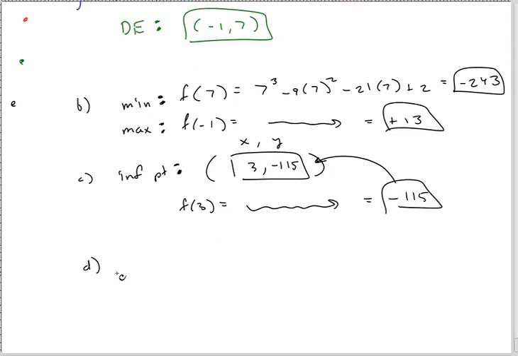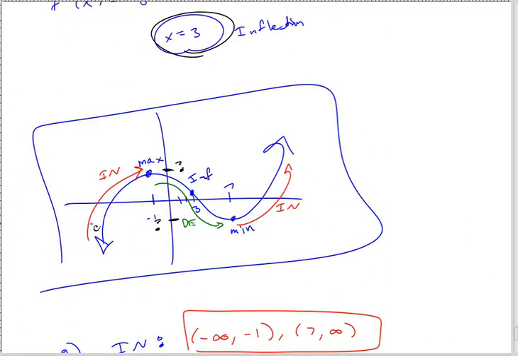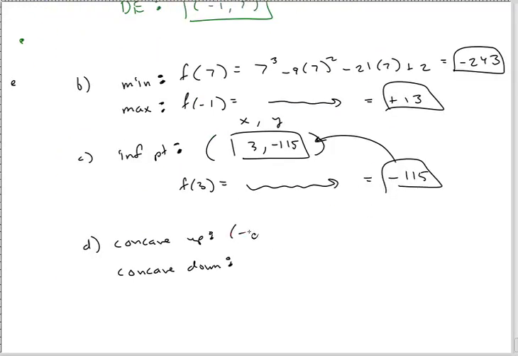And part D, finally, they say, okay, where are you concave up? Where are you concave down? And intervals are always, again, x values. Concave down, so that's going to be from -infinity to 3.